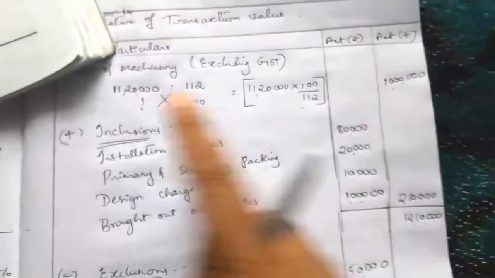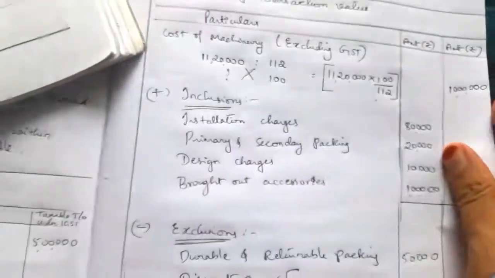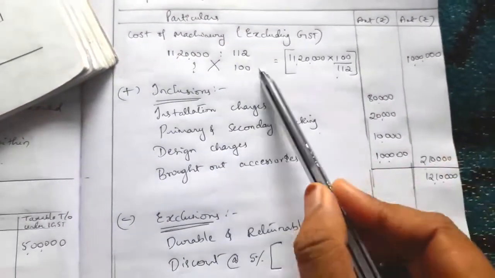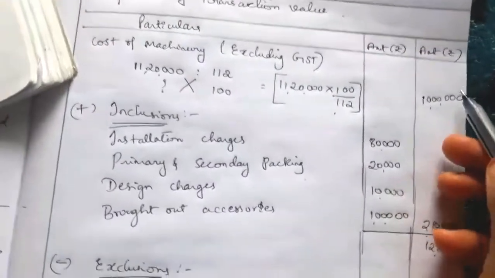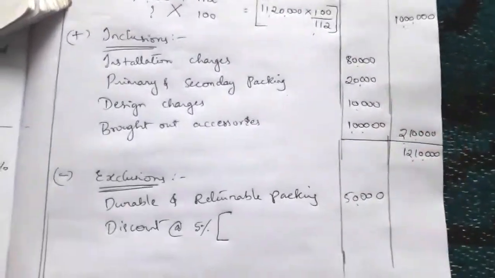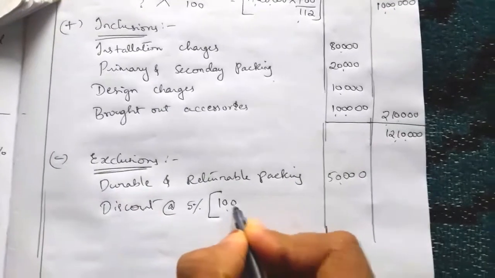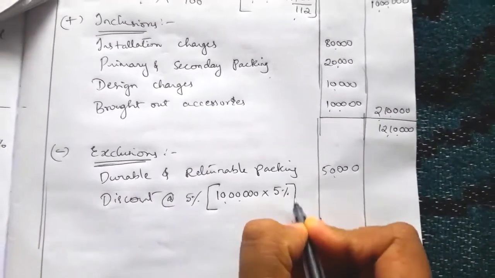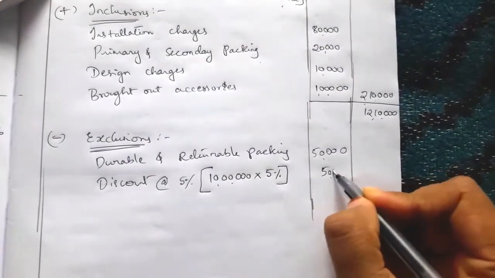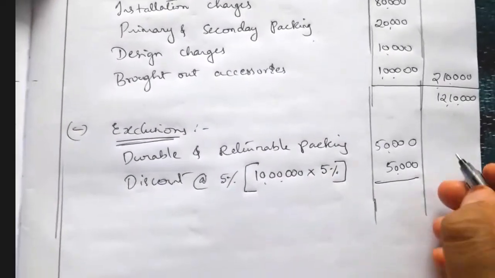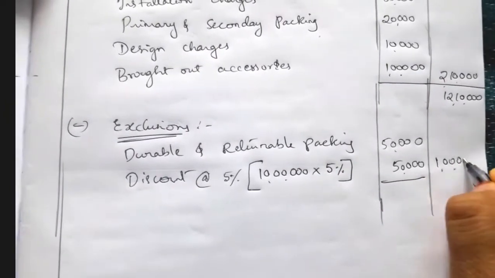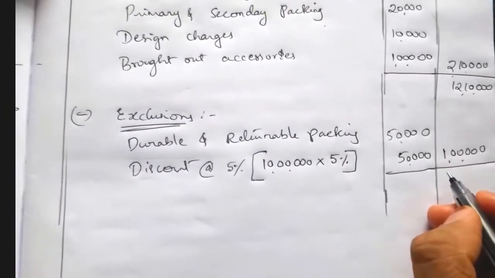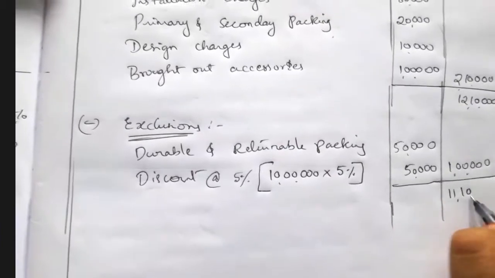To take the cost of machinery, we have to take this value 10 lakh, not the value given in the question, because in the question they have given including GST. The discount is calculated on the cost which is excluding GST, so on 10 lakh into 5% is a discount, that is 50,000. So 50,000 plus 50,000 is equal to 1 lakh. 12,10,000 minus 1 lakh is equal to 11,10,000.